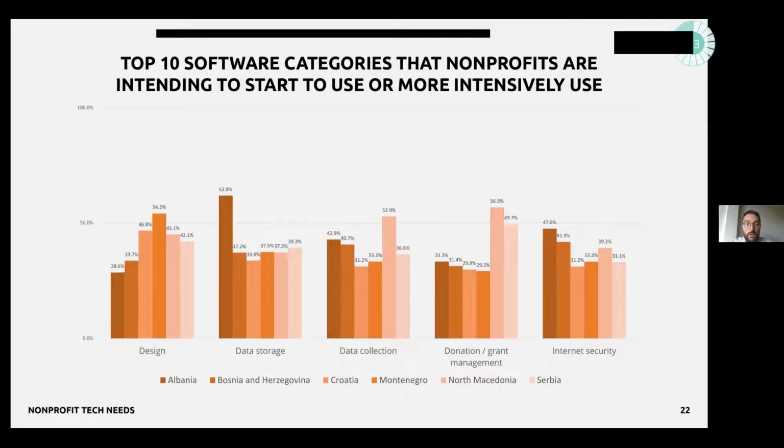But also, one of the 10 categories that nonprofits intend to start using more is software regarding internet security, and this is a positive outlook. So organizations do, to some degree, recognize the need for internet security.